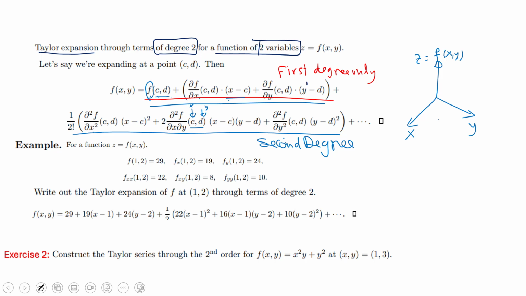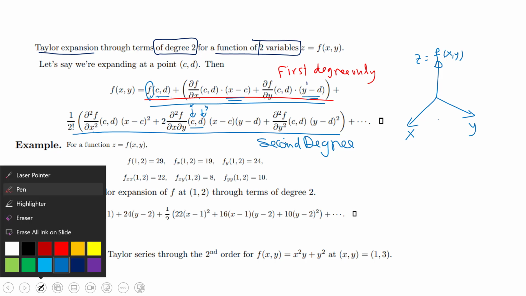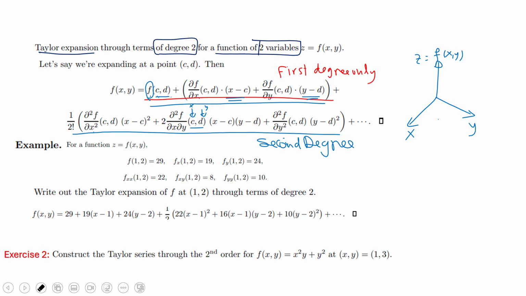These factors are fixed, right? In this example, he gives you the point c and d as 1 and 2, right?